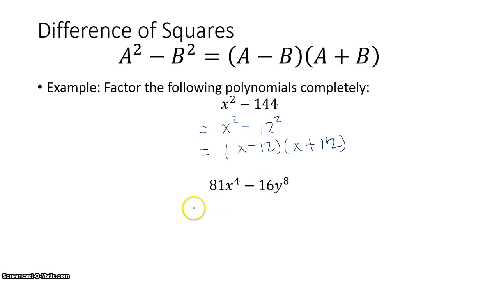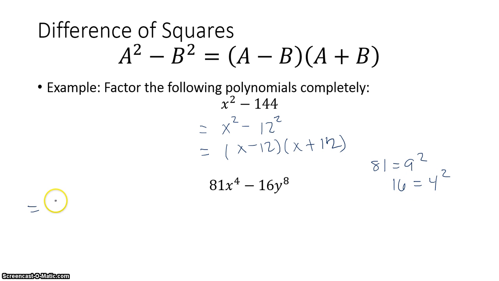Okay, a little more complicated. 81x to the fourth minus 16y to the 8th. This really doesn't look like a difference of squares problem yet. But let's notice that 81, I can write that as 9 squared. Same thing with 16, I can write that as 4 squared.